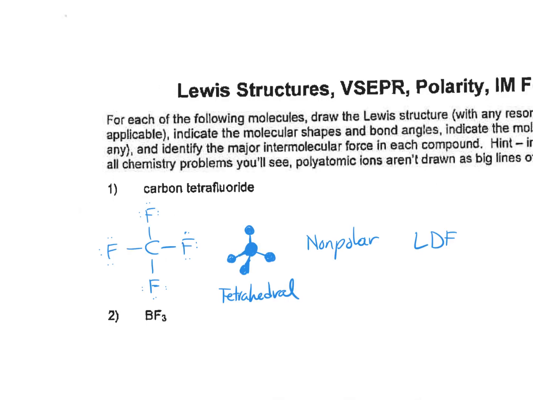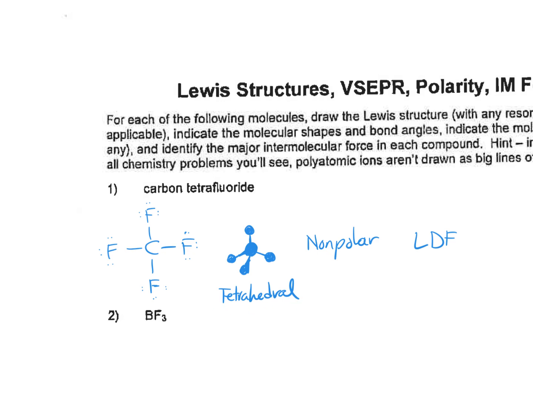Okay? All right, so I just put together the first one, carbon tetrafluoride. Everything is there. I've got the Lewis dot structure here. I drew out the ball and stick structure so that you can see in 3 dimensions what we're looking at here as far as the structure of this compound.